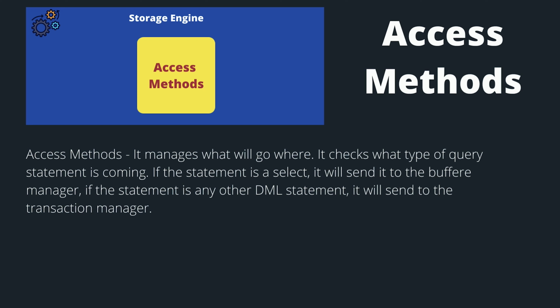If we're talking about insert, update, delete, it will send it to the transaction manager. If we're talking about a select, it will send it to the buffer manager. If it's an insert, update, or delete, it will also go to the buffer manager. We will understand that later. But before, it will send it to the transaction manager for the durability property of the ACID properties of the database.